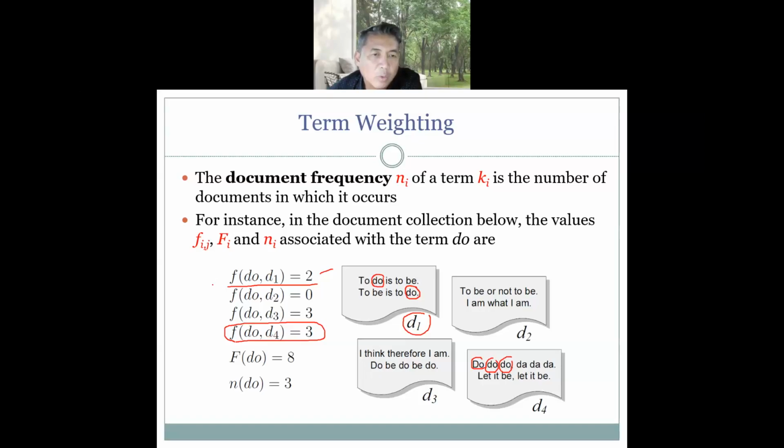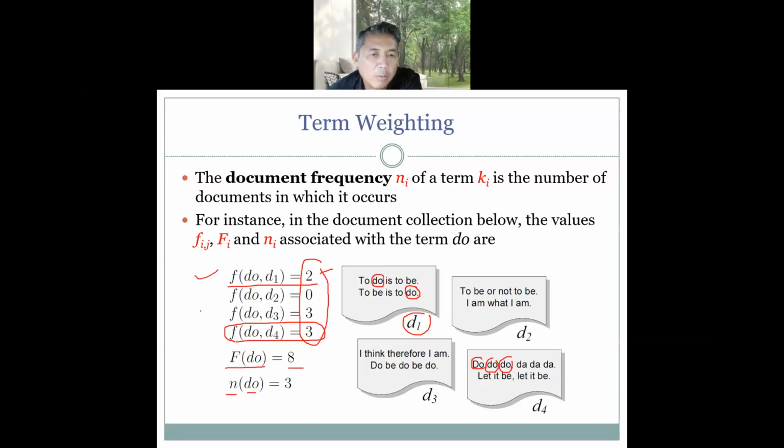Since we have documents 1 to 4, for the capital letter F of "do", we just total up all these values, and we have 8. And N here refers to the number of documents that contain "do".